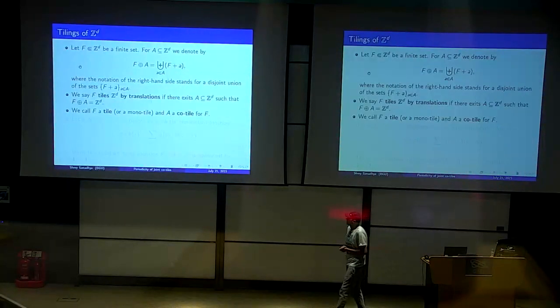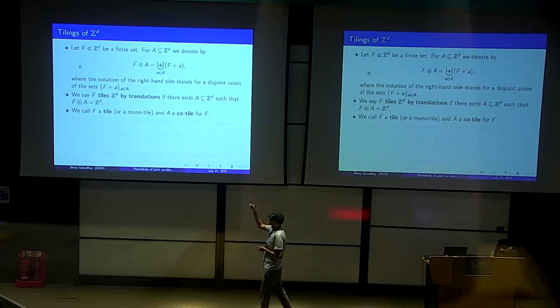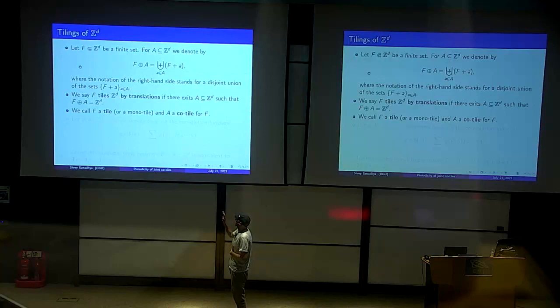So we have a finite set F, and I've used this double subset notation to denote finiteness. A finite set F, and we have a set A of Z^d.